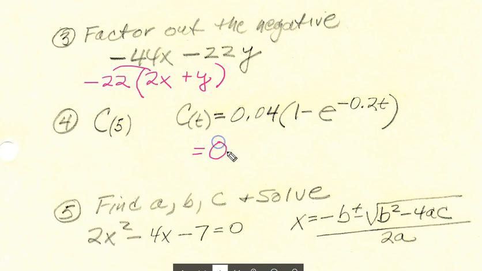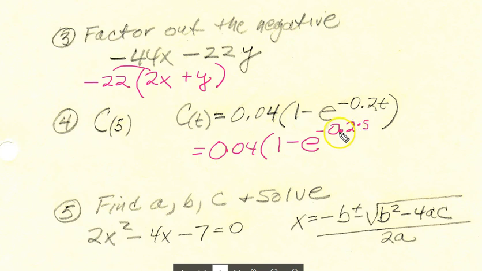So 0.04 times 1 minus e, that's Euler's e, to the negative 0.2 times our t here, which is going to be a 5.